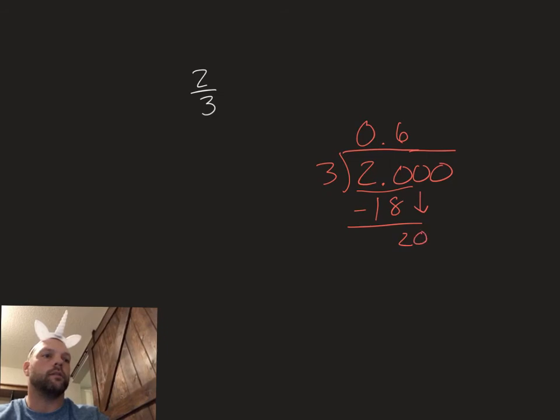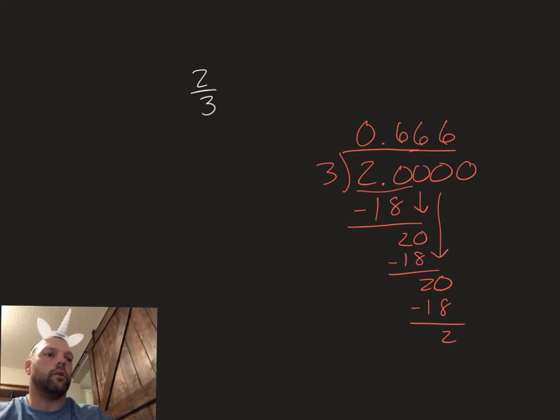Bring down my next 0. And 3 goes into 20 again 6 times, which is going to give me 18. Bring down my next 0. And I'm back with 20 again, so 3 goes into 20 6 times. And by now, you should start to notice a pattern is happening here.